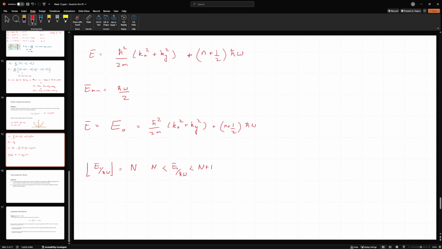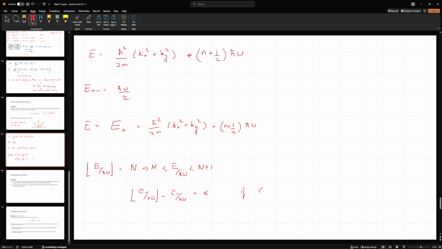This should actually suffice. And further, let me write this quantity here, E naught by h bar omega minus the actual number itself. So this is going to be some epsilon, which varies from 0 to 1.